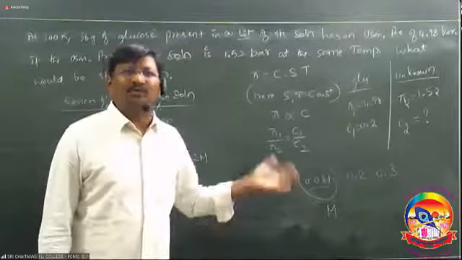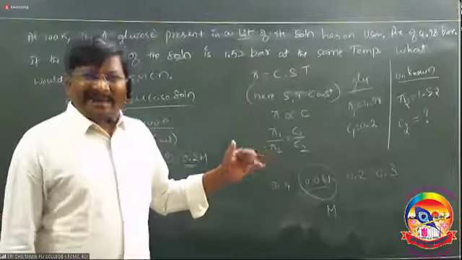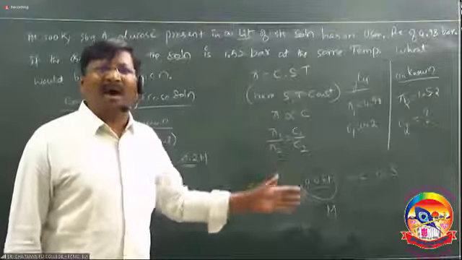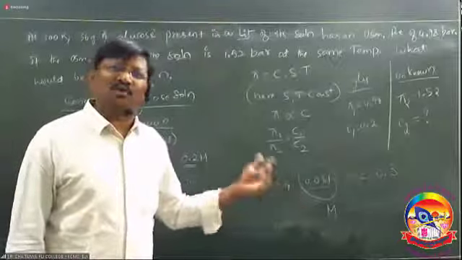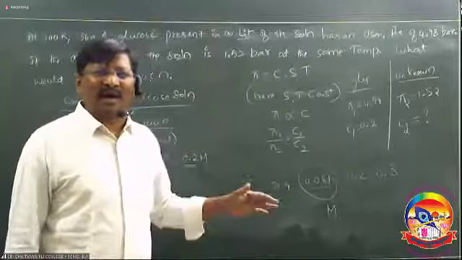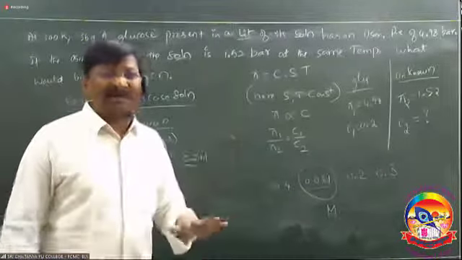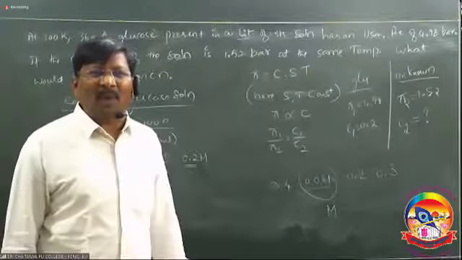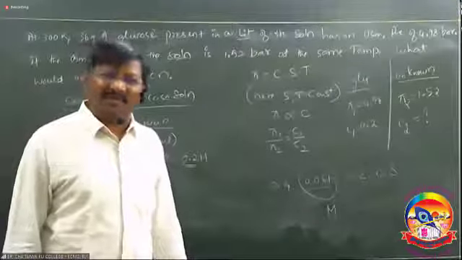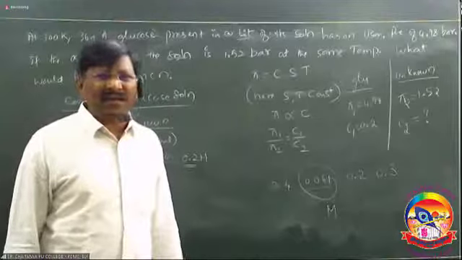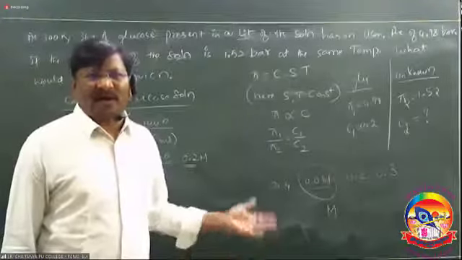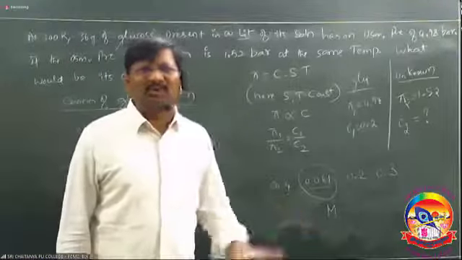By next week, I will discuss abnormal colligative properties. At that time I will go to another kind of questions where abnormalities are there, and I will take the questions from the material also. I hope you have the material.